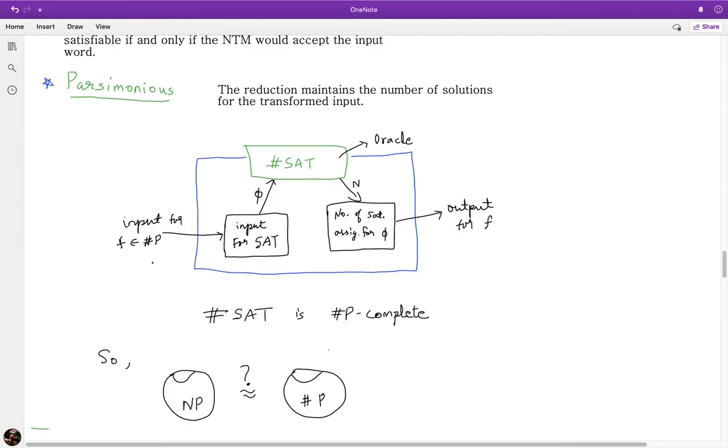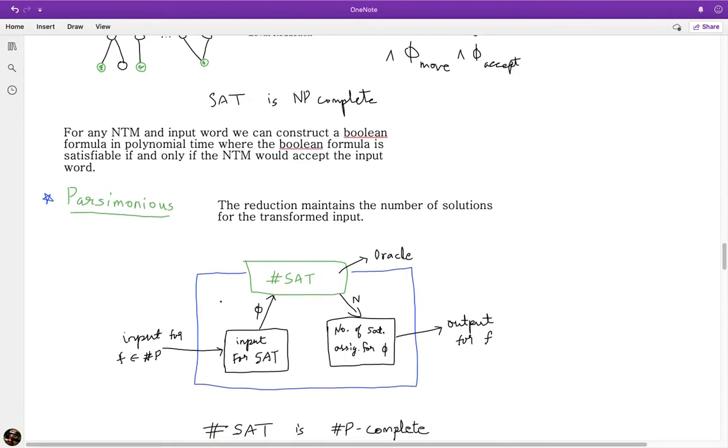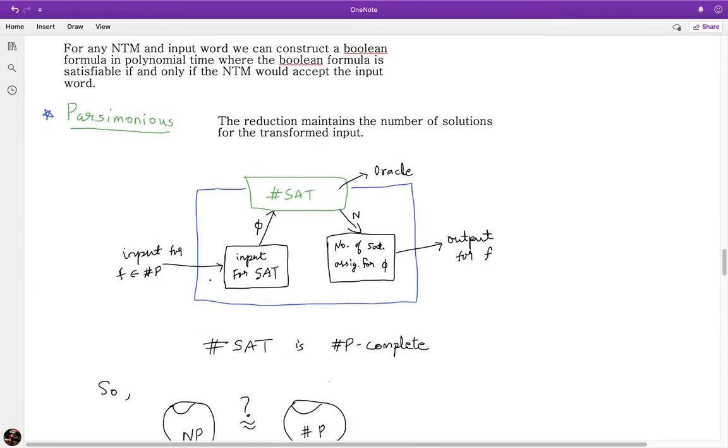Now let us take an input for f which belongs to the HashP class, and we can convert this input into an input for SAT. So we convert it into a phi, a Boolean formula, and we can do this using the Levin reduction, and this can be done in polynomial time.